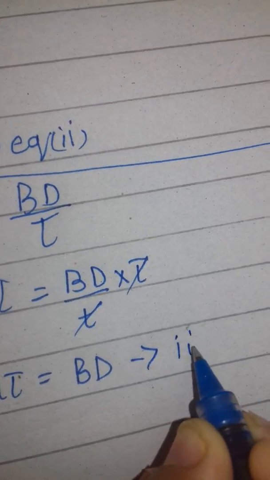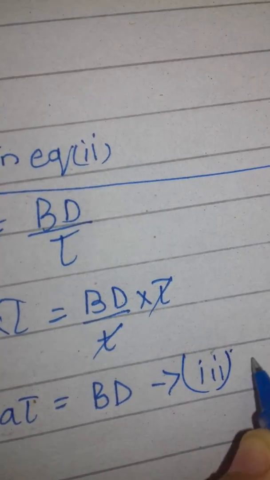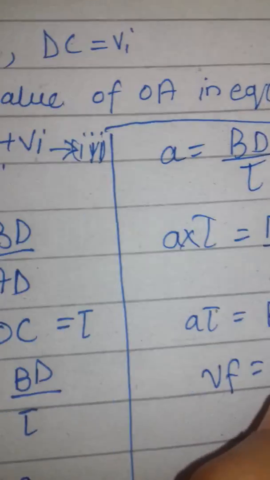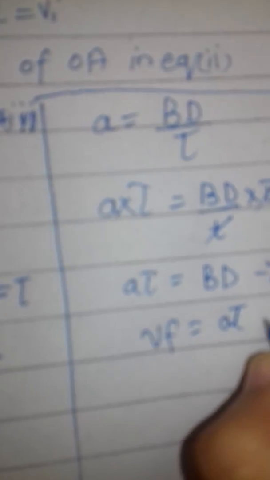Now putting the value of BD in equation number 3, Vf equals BD, that is at, plus Vi.